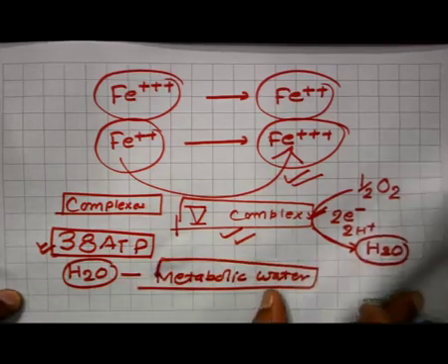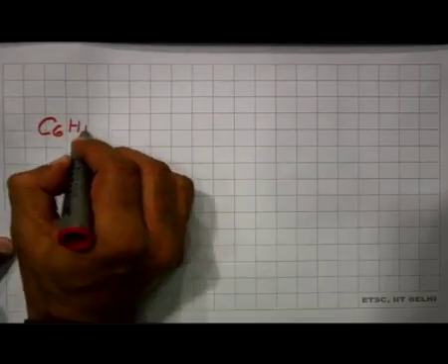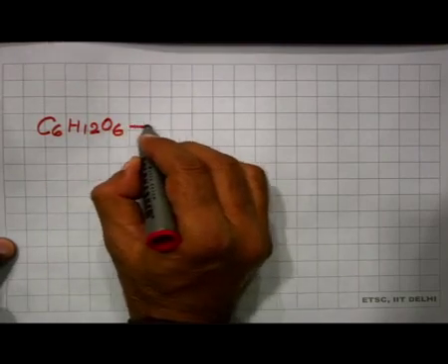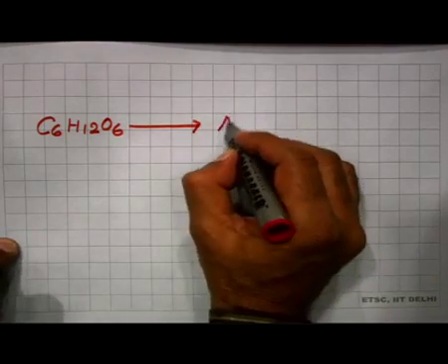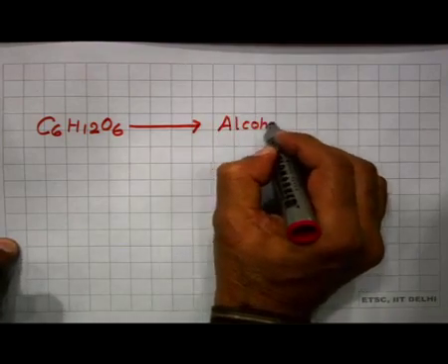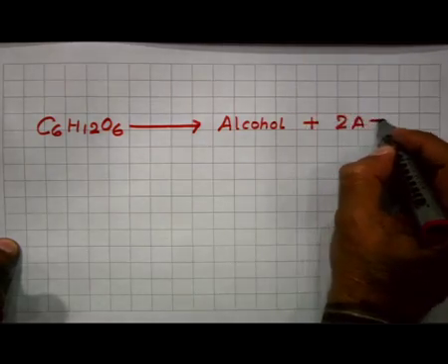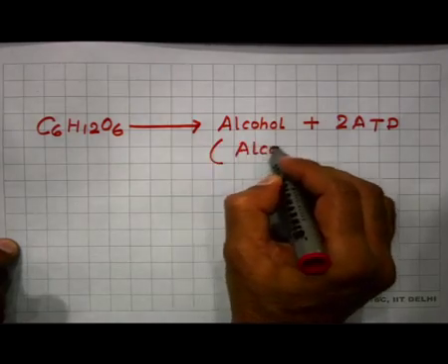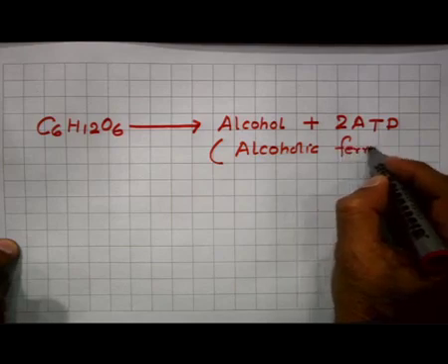So, the entire reaction we can summarize here: C6H12O6, in the absence of oxygen, forms alcohol plus 2 ATP, that is called alcoholic fermentation.